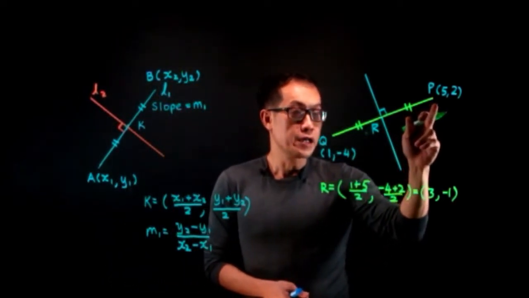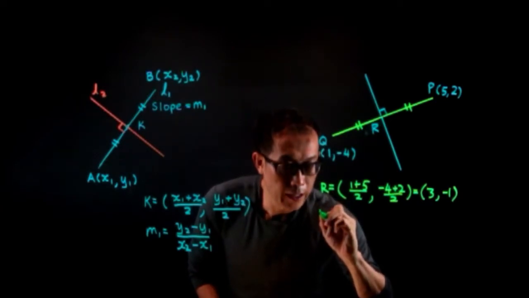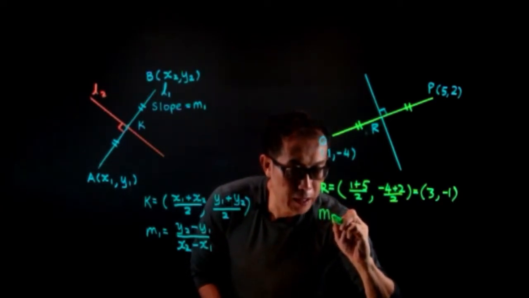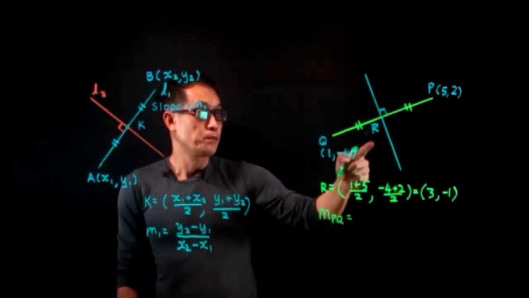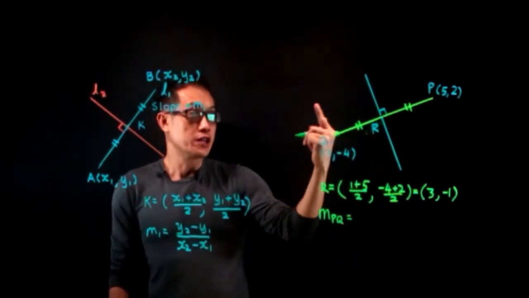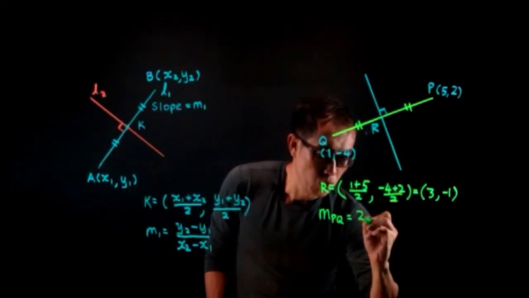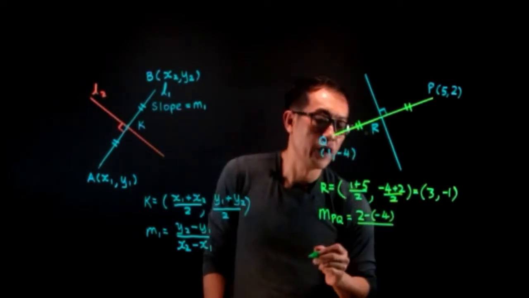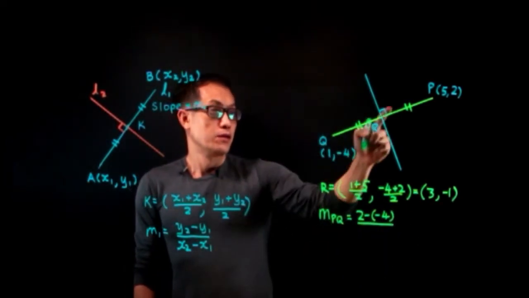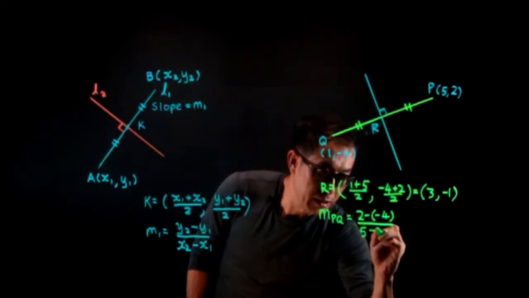Now how to find the gradient of PQ? The gradient of PQ will be equal to the difference in y over the difference in x. So 2 minus minus 4 over 5 minus 1.